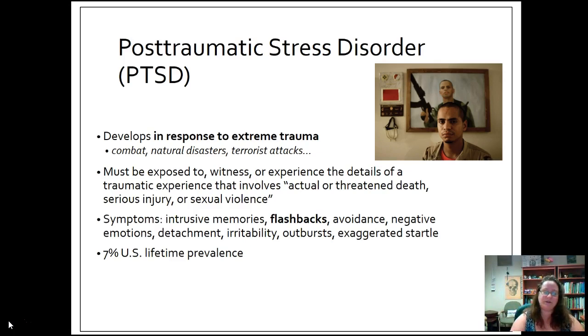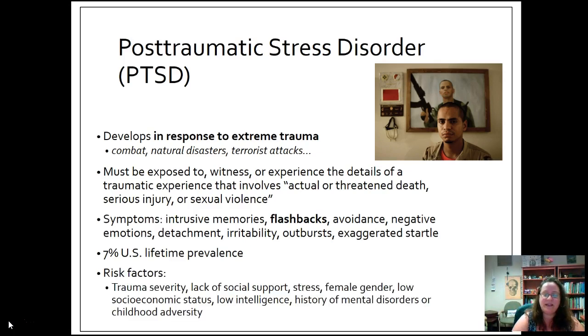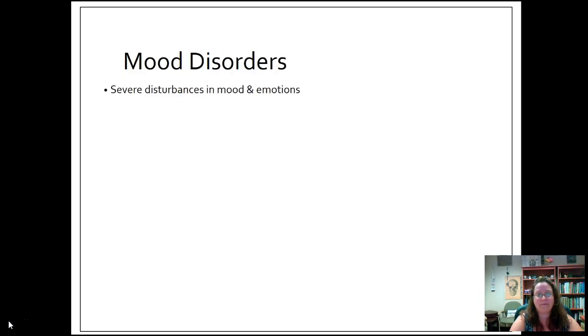It's a big startle response. And about 7% of the U.S. will experience this. What's going to help trigger PTSD is experiencing really severe trauma, as well as having fewer resources, so having fewer economic, intellectual, social support type resources, and then people with a history of adversity or mental illness in the family.